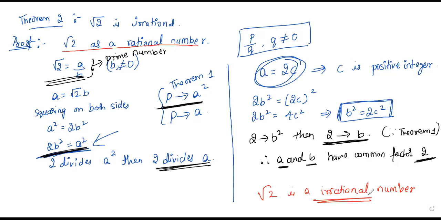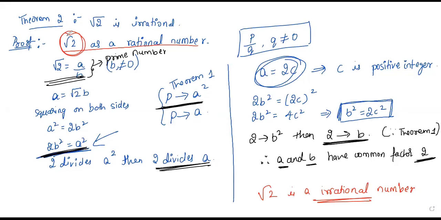So these are the two important theorems, and you can follow the same procedure. Instead of root 2, you may get root 3, root 5, root 11 in your exams. You have to follow the same procedure, nothing else. The only thing you have to change is to assume root 3 as a rational number instead of root 2.